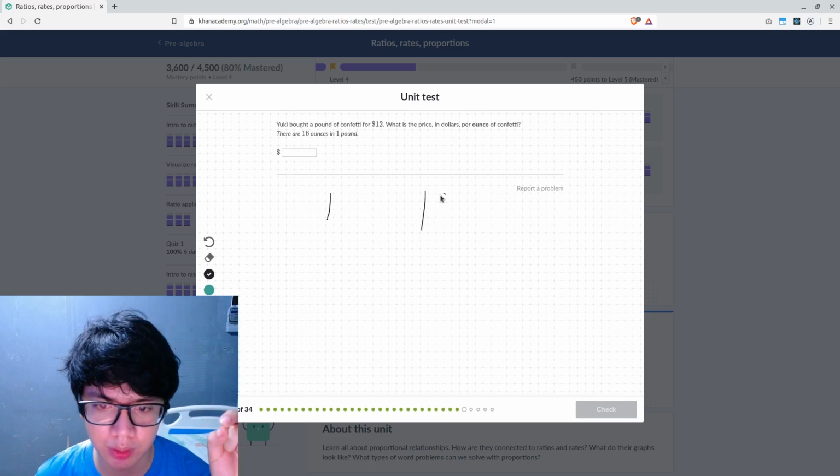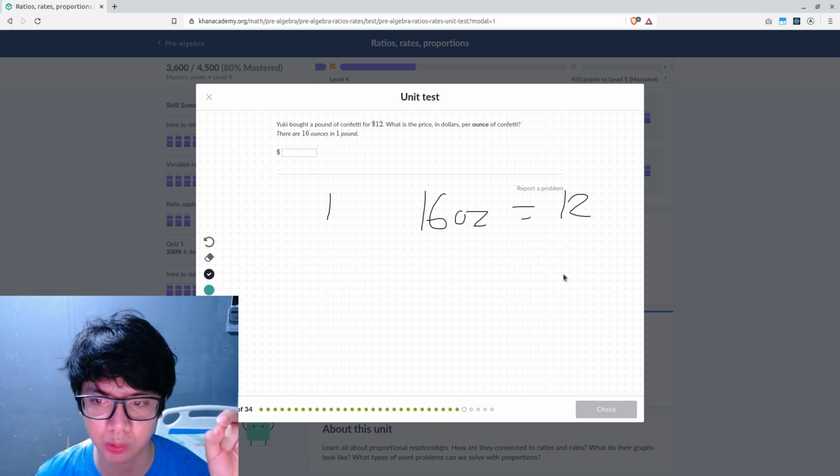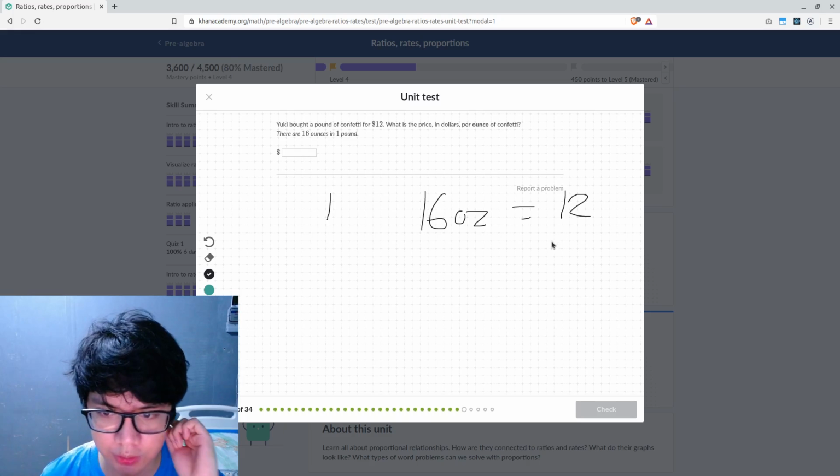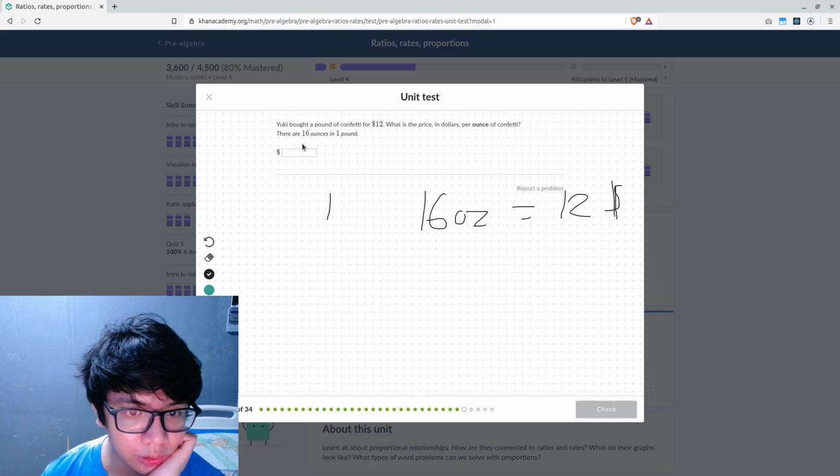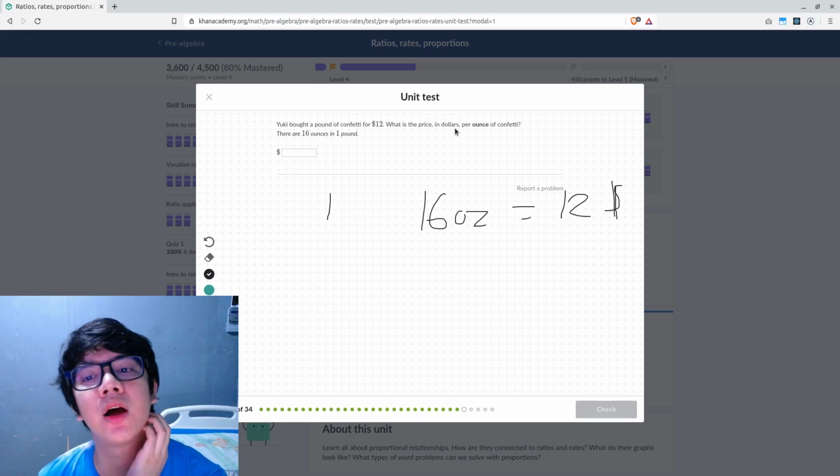So we have 16 ounces, $12. So there are 16. What is the price in dollars per ounce?